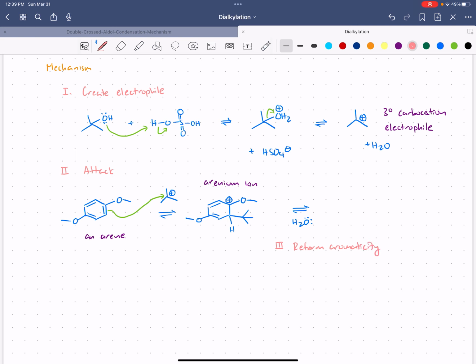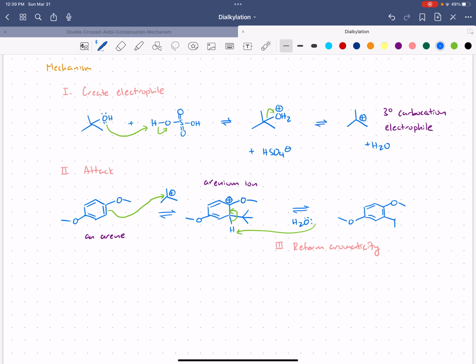If you haven't gotten to aromaticity yet in lecture, this will all make a lot more sense once you get to it. But basically, we are reforming the benzene part of the molecule. And that is done by this water grabbing this hydrogen and reforming that double bond. And that's how we get one of the tert-butyl groups onto the ring.